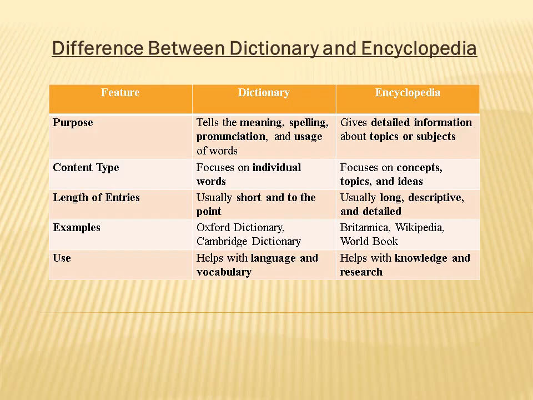Length of entries: usually short and to the point; usually long, descriptive, and detailed. Examples: Oxford Dictionary, Cambridge Dictionary; Britannica, Wikipedia, World Book. Use: helps with language and vocabulary; helps with knowledge and research.